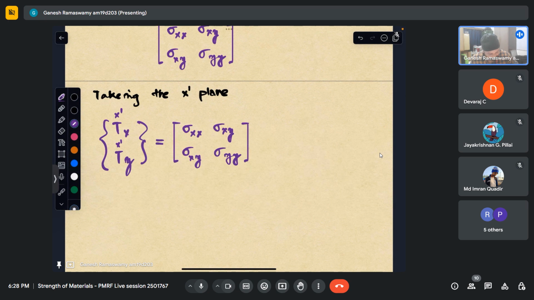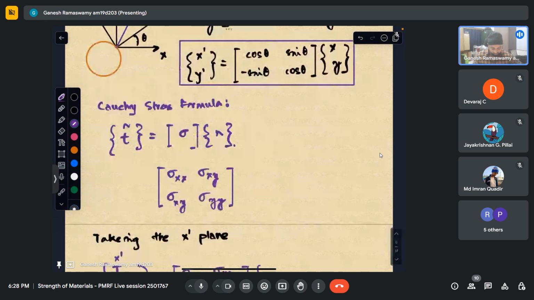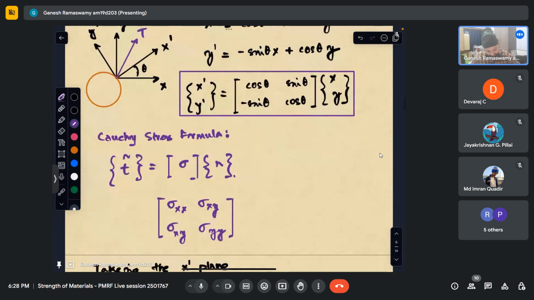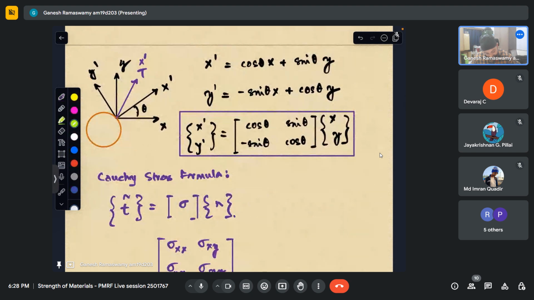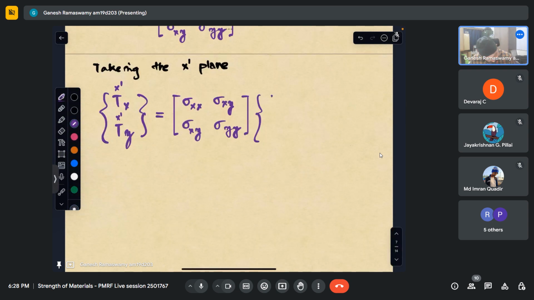I just have to multiply this by the normal. Normal of x prime is nothing but cos theta and sin theta. We just saw x prime can be represented as cos theta x plus sin theta y. So I just have to put that here. Cos theta, sin theta. So this much I have got.